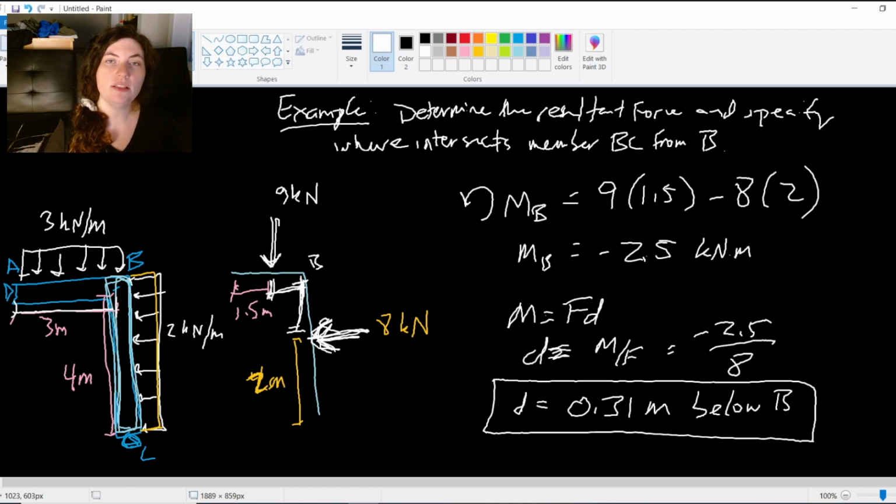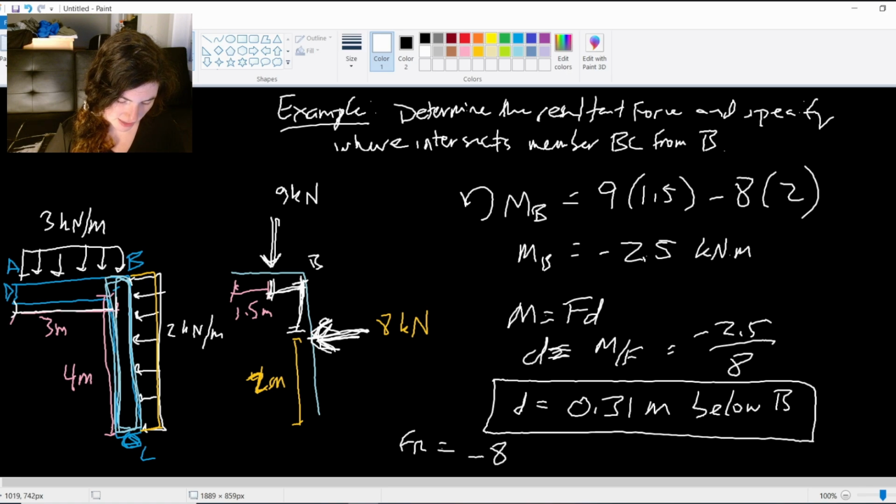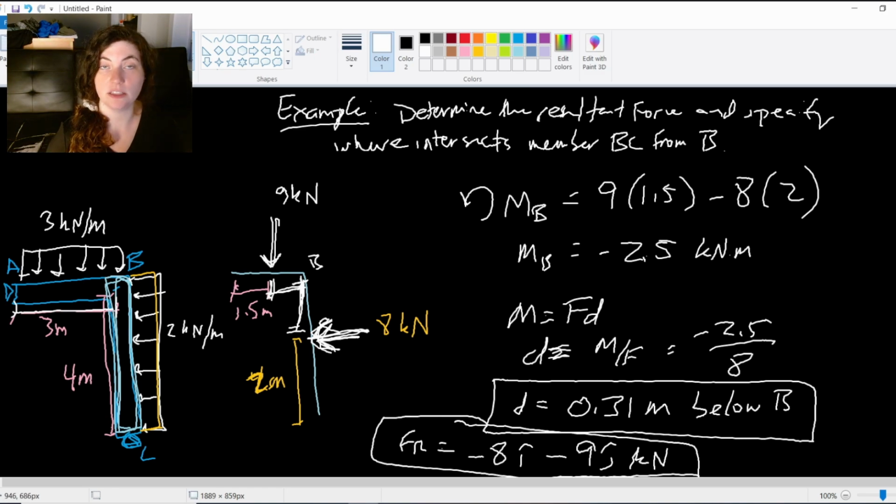So again, we found the distance. When I write the resultant force, I can write it in a few different ways. I would write my resultant force is negative 8 i hat minus 9 j hat kilonewtons. Right, that would be my resultant force. Or I could give a magnitude and direction. And then I give my d here.